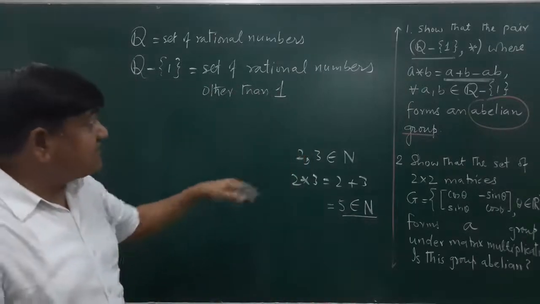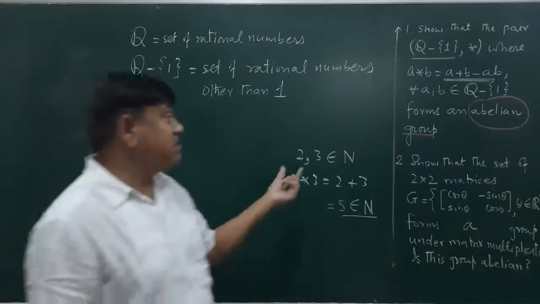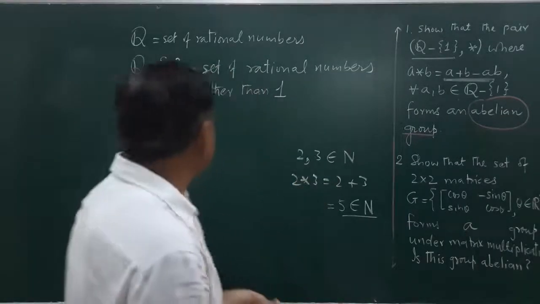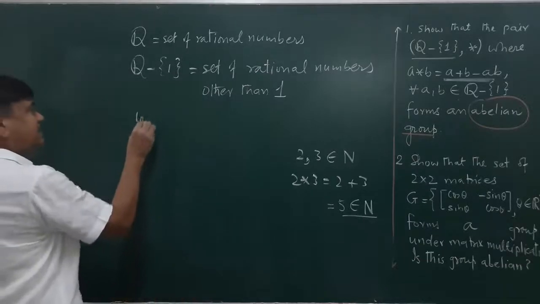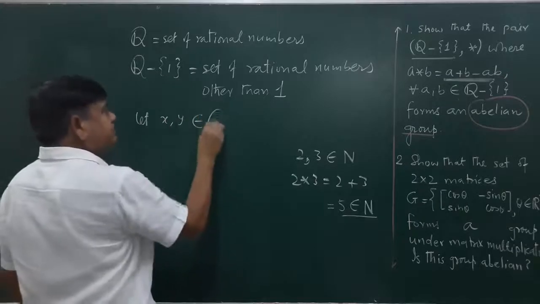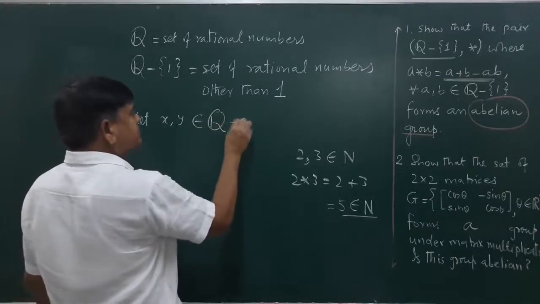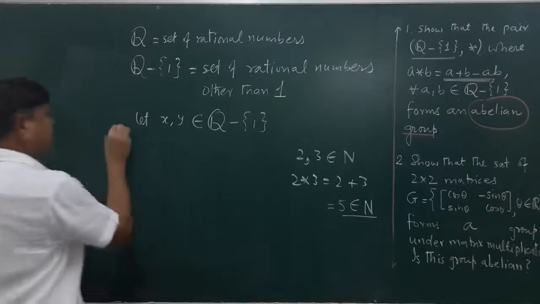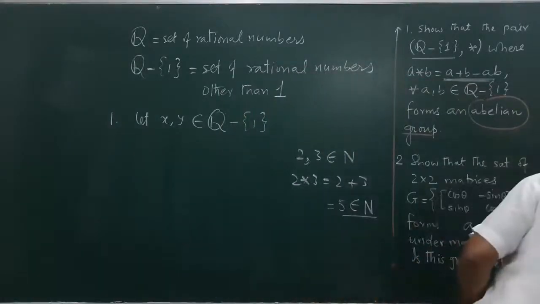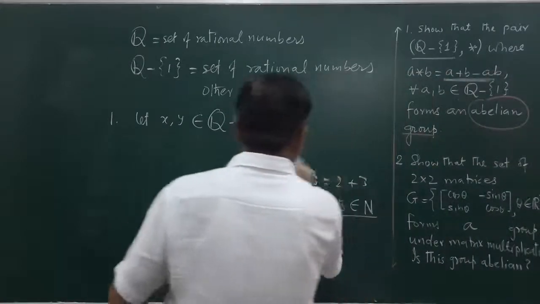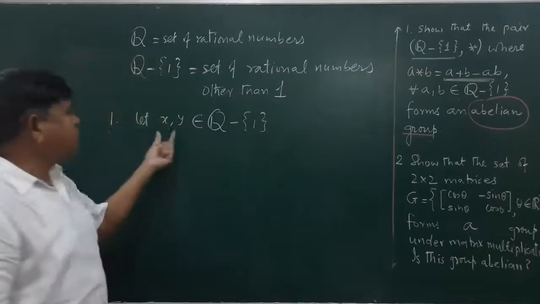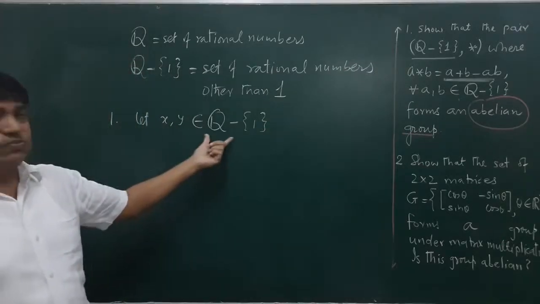Now here, in the same way, because this is not a finite set, this is an infinite set, let x, y belong to the first part. Suppose these two are members of this set.